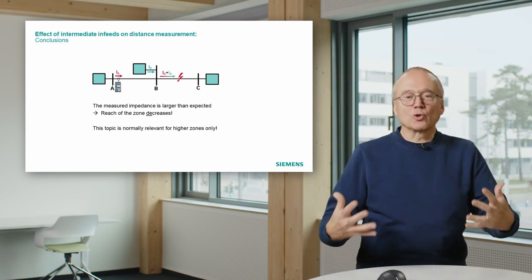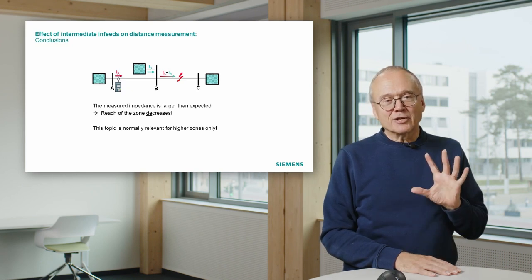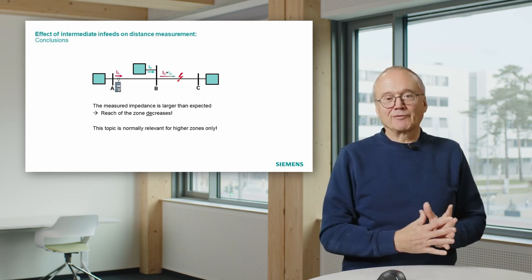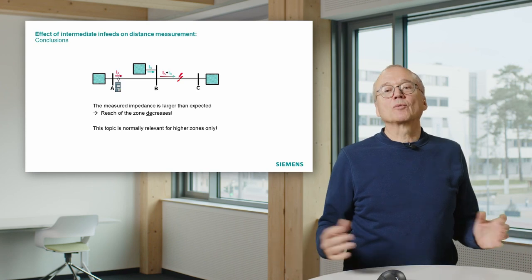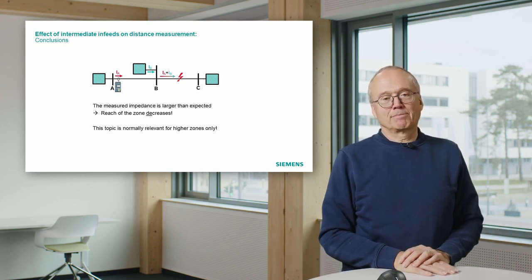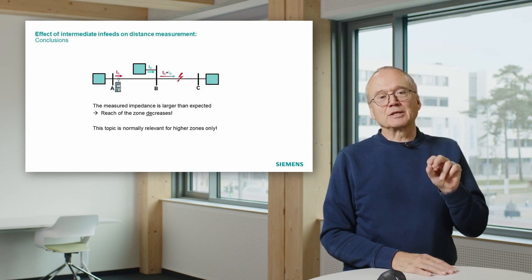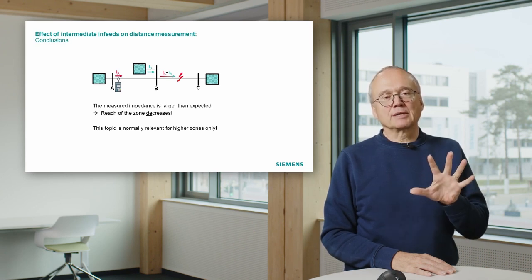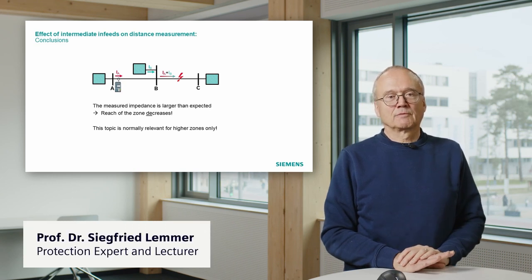And that is where now zone 3 or even the pickup zone comes in. You have to check that at least the pickup zone should cover also with intermediate infeed the whole next line, because otherwise you would not have a backup situation there. That means this effect of intermediate infeed has to be considered if you check whether a backup can be secured for every fault location in your system.